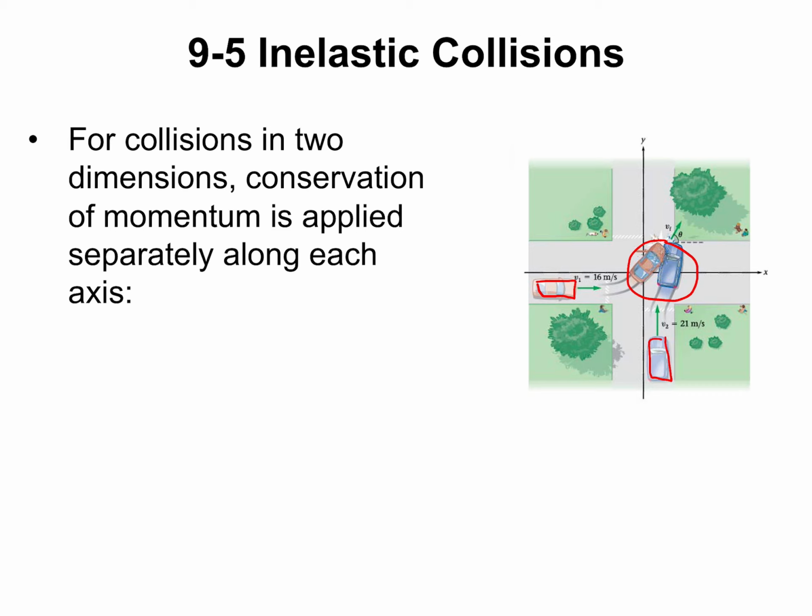It turns out this is a two-dimensional problem, so you have momentum conservation: Pi equals Pf. m1 v1i plus m2 v2i equals (m1 plus m2) vf, because they stick together.